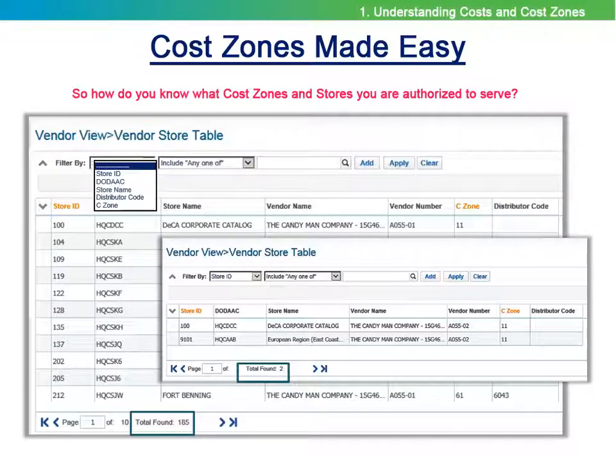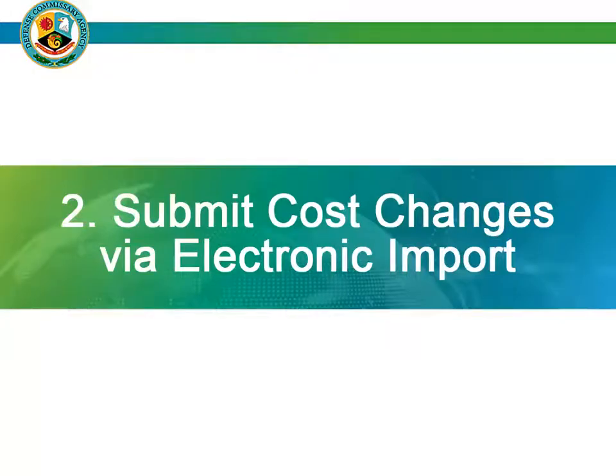You can filter the vendor store table by store ID, DODAC, store name, distributor code, or cost zone to find the information you need. Additionally, a crosswalk of cost zones, regions, and pricing DODAC is provided in the Vendor Reference Guide.